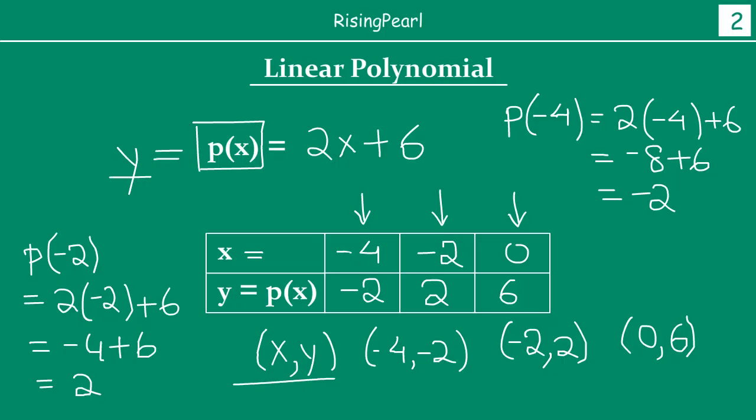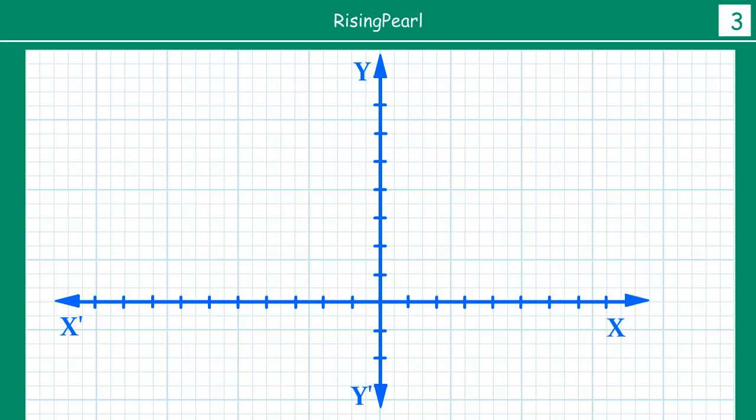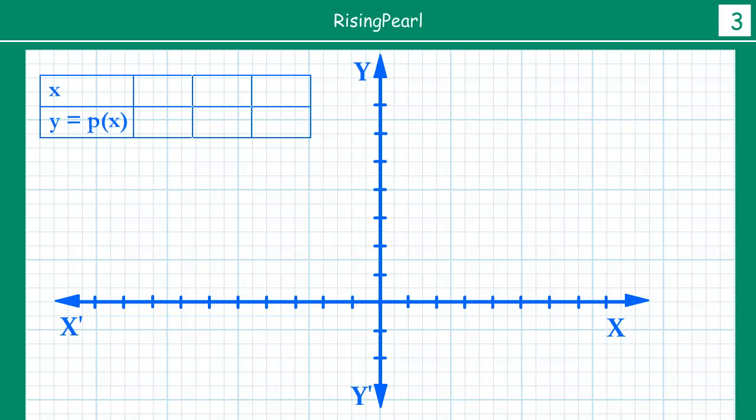So the next step is for us to draw a coordinate plane. When we draw the coordinate plane, we would want to get a table. Let's quickly get a table in here, and now let's write those values. So we have x as minus 4, then we looked at x as minus 2, then x as 0.